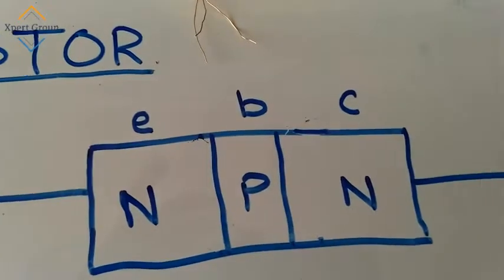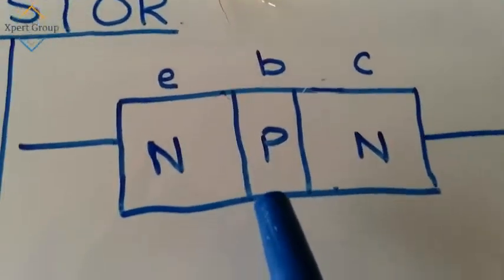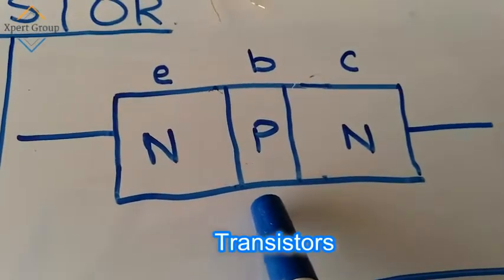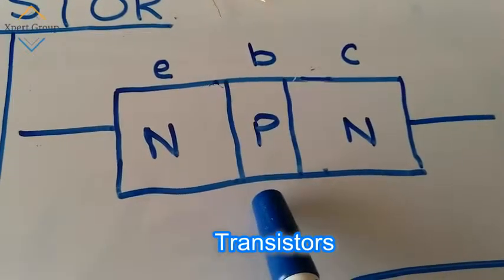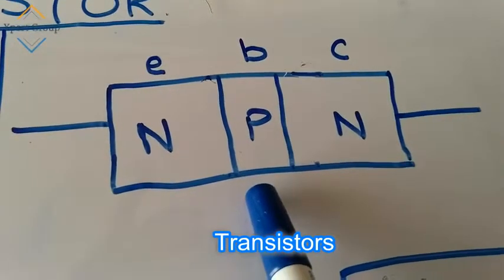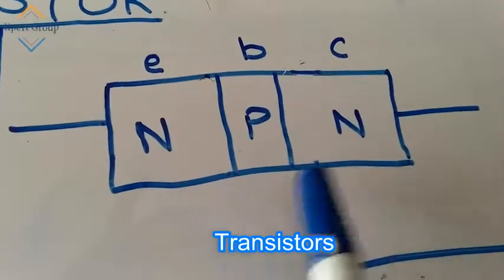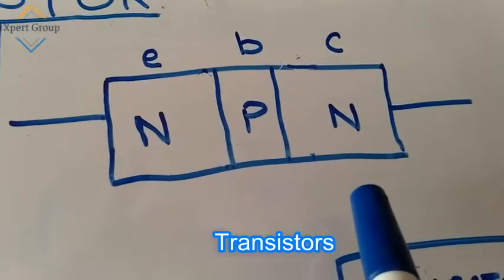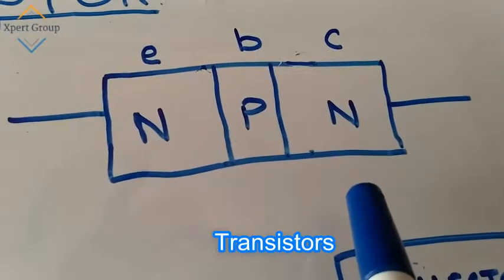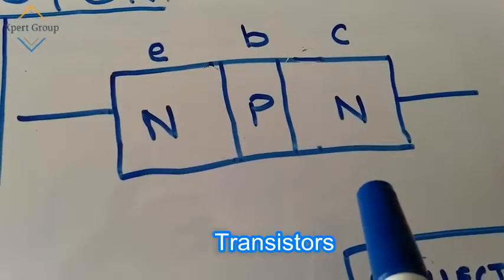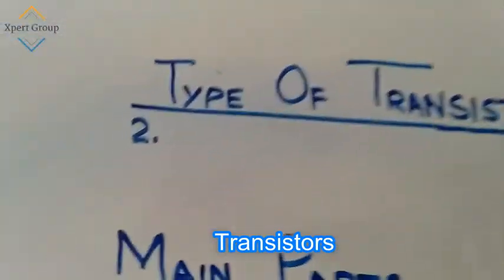Now the base material, the P-type material, is lightly doped, and you can see that the odd material is always placed in between the same materials. So this is the basic construction of the transistor, and now we are coming to the types of transistors.